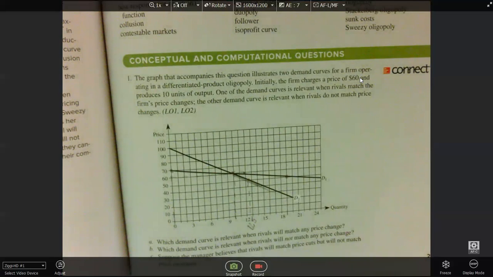So it's differentiated, but not that much. It's the difference between Hanes socks and Walmart brand socks and whatever other generic athletic socks, right? If you increase the price too much, everyone's going to ditch your socks and go for the other socks that are around the same price.